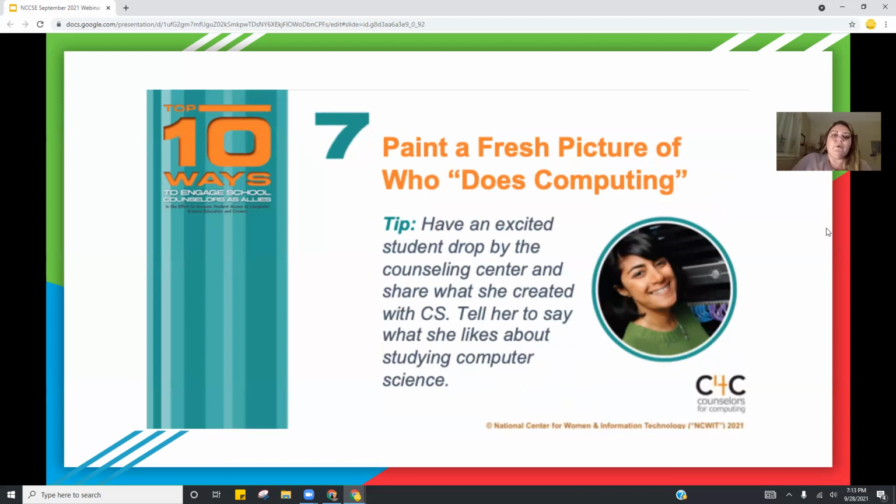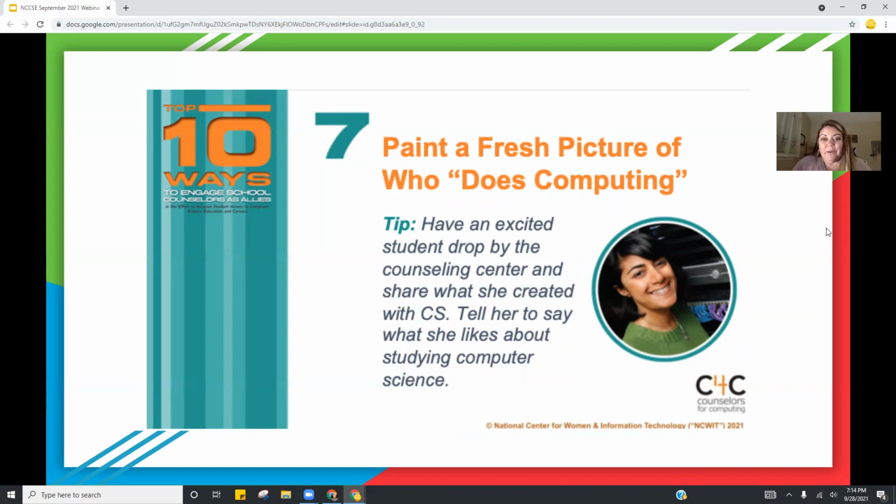All right, so we want to paint a picture of who does computing, right? And it says a fresh picture here because I think a lot of people still have the idea that computing people, the ones who write code or play around with computers, are the kids that hang out in their basement, are very pale, wear hoodies, and drink a lot of Monsters.